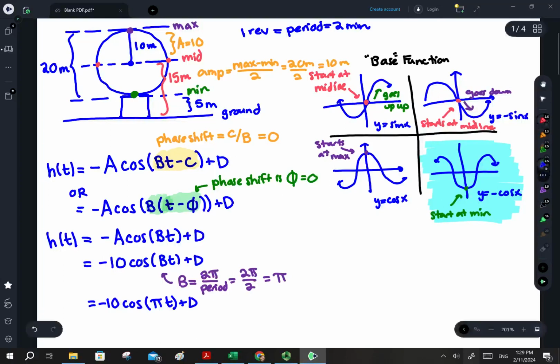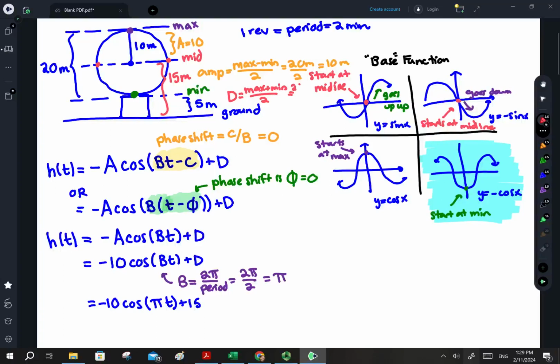The other way you could figure out D is it's always the average of the max and the min. So D is max plus min over 2, which in this case, the maximum is 25 meters, the diameter of the wheel plus the height of the loading platform, and the minimum is the height of the loading platform.